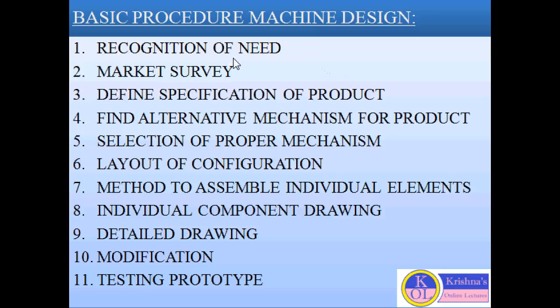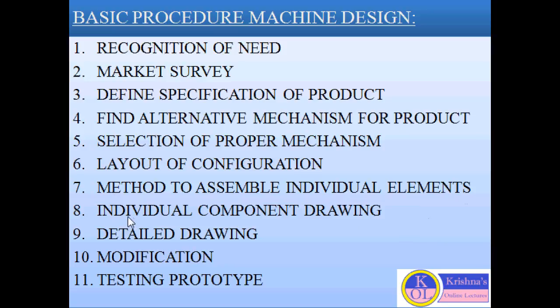First step is recognition of need. Second step is market survey. Third is define specification of product. Then find alternative mechanism for products. Next step is selection of proper mechanism. Then layout of configuration. Then seventh step is method to assemble individual elements.